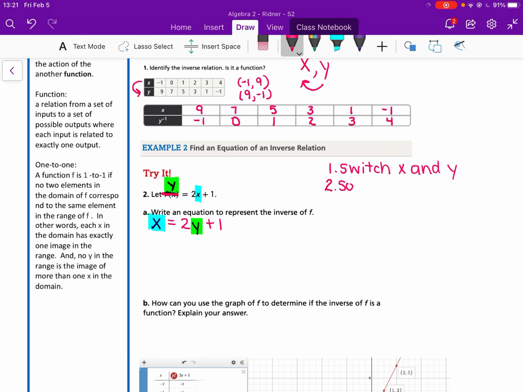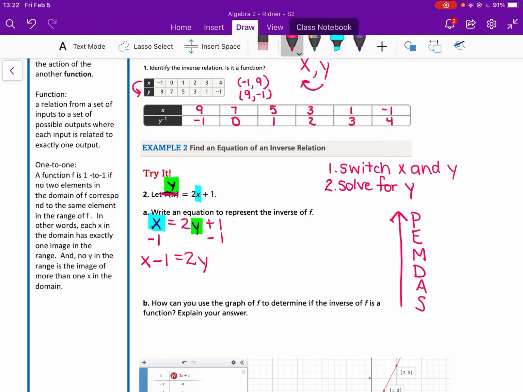Step 2 is solve for y. So we're going to practice our solving skills doing PEMDAS backwards. Is there something on the outside being added or subtracted that I can move over? The answer is yes, there's a plus 1.